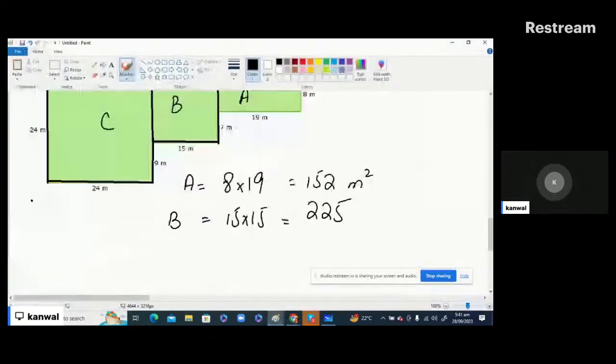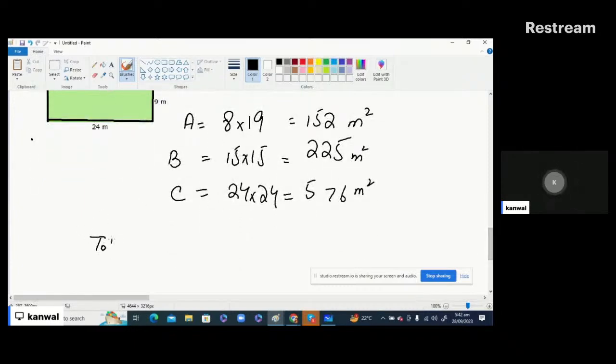And for the C, that is also a square, which is 24 times 24. What's the answer when you multiply 24 with 24? 576 meter square.